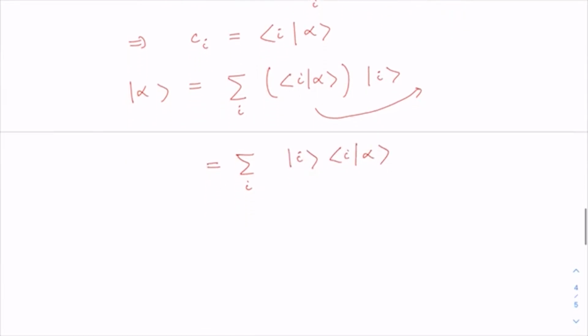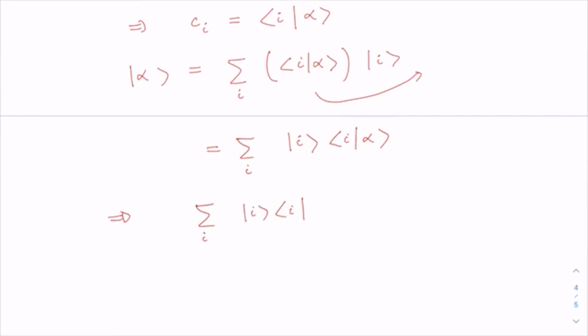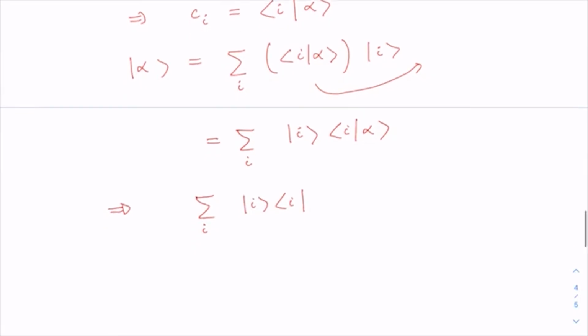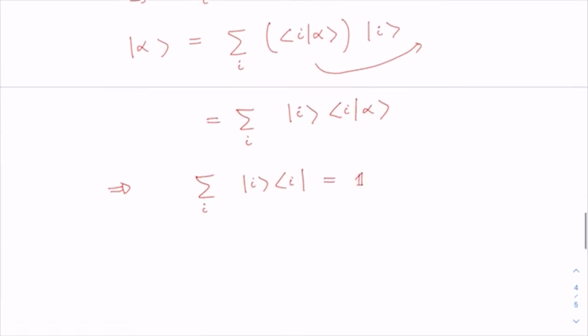So it is very clear that this summation, this outer product of these eigenvectors, is actually an identity operator, and this is known as the completeness condition.